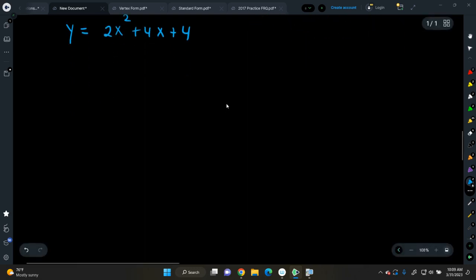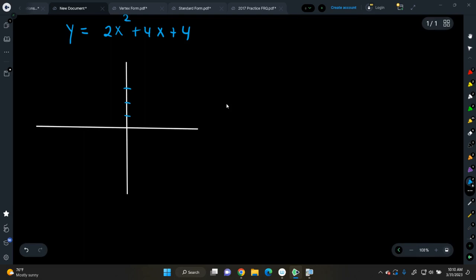So we're going to do this a little bit quicker. What do we know right away just looking at it? Y-intercept, which is 4. Okay, so put that point there, right? A equals 2, B equals 4, C equals 4.